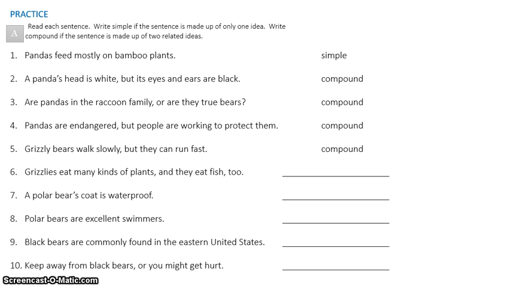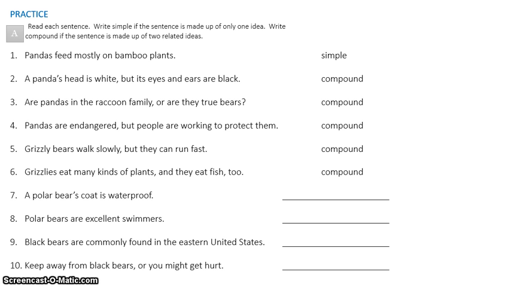Number 6, grizzlies eat many kinds of plants, comma, and they eat fish too. We have two separate sentences. Grizzlies eat many kinds of plants. The other sentence is they eat fish too. It's put together by the coordinating conjunction of and. It has a comma in front of the coordinating conjunction, so that is going to be compound.